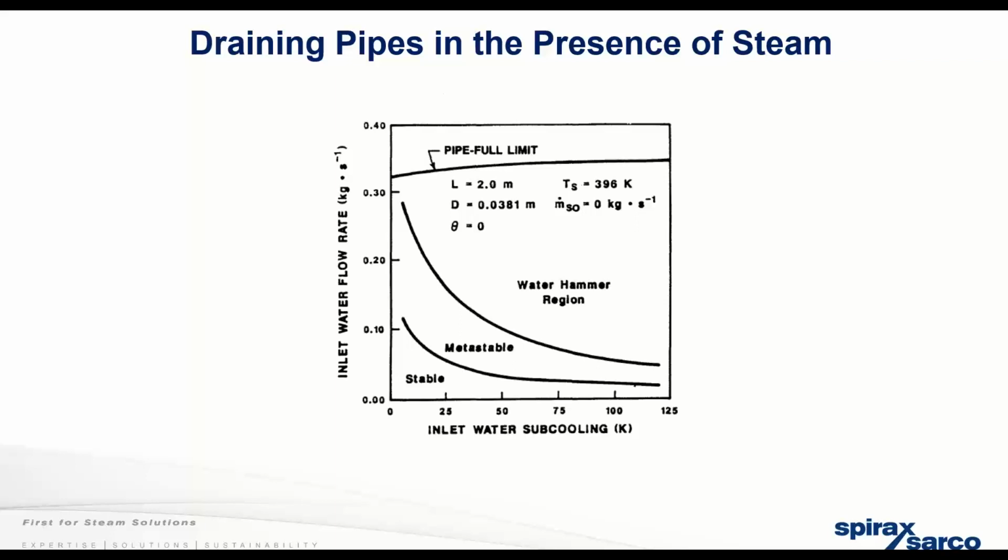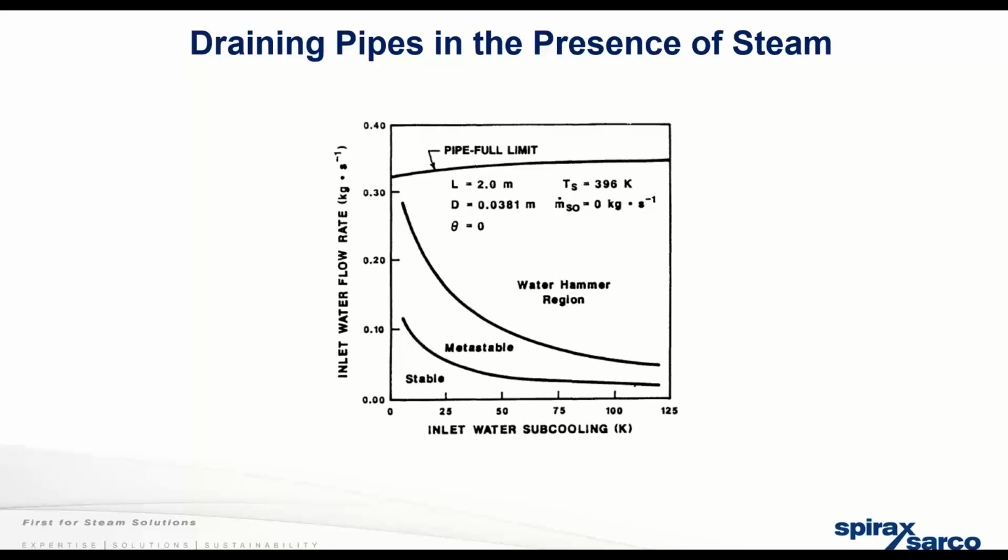So if we have no subcooling or no temperature difference between one side or the other, we really don't get that much water hammer. Now, if we have very, very slow drain rates, it doesn't matter what the subcooling is. We remain in that stable zone as we go from left to right as we subcool. So if we drain our systems very, very slowly, we still remain stable.